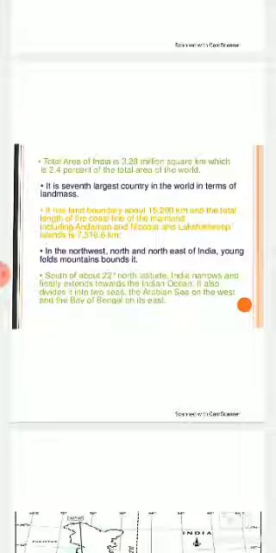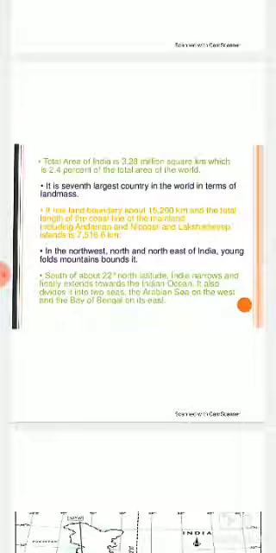And if you compare India in the world according to area, India is the 7th largest country in the world in terms of landmass or area. But if you go through population wise, then India is the second largest country in the world according to population after China. China is the largest populous country of the world.